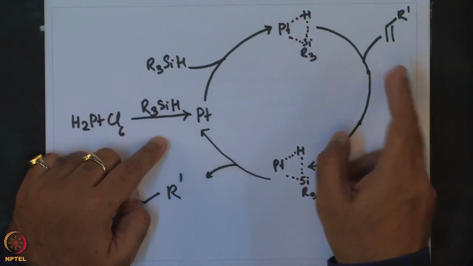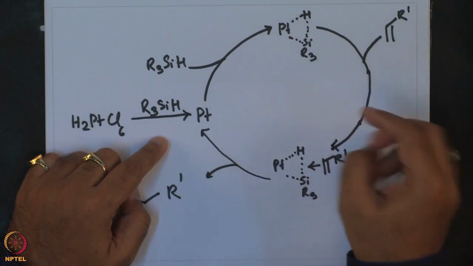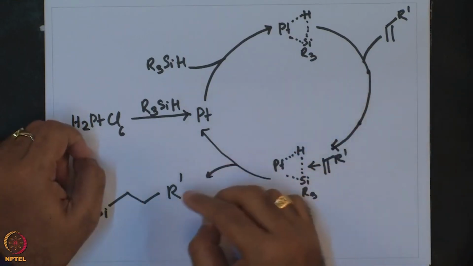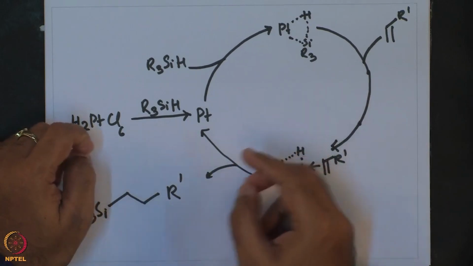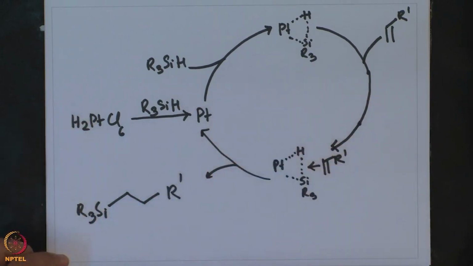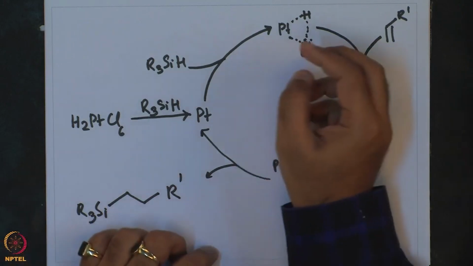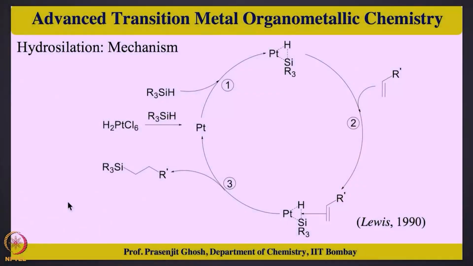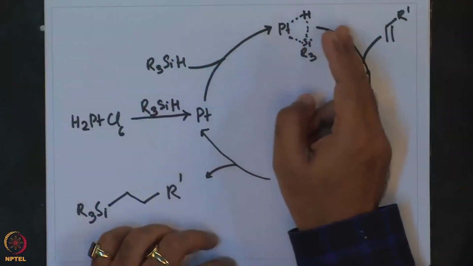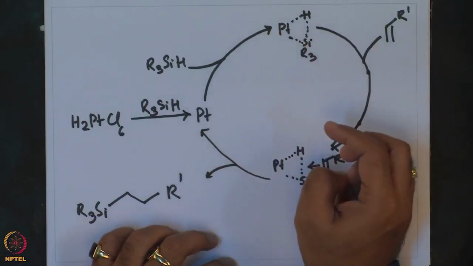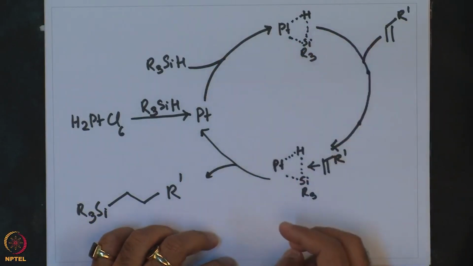The second step involves the attack of the olefin to the sigma complex, leading to the elimination of the product in the third step, which is silylated alkane, along with the generation of the platinum. Now, there is evidence of the formation of the eta 2 coordinated silane complex. This was characterized by Kubas, which gives credibility to this proposed catalytic cycle.